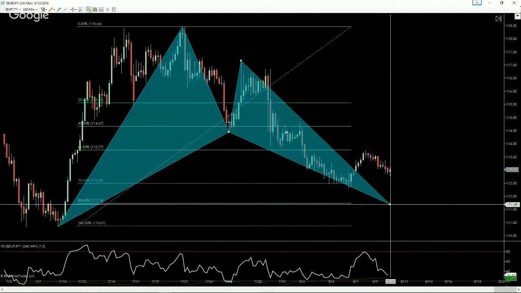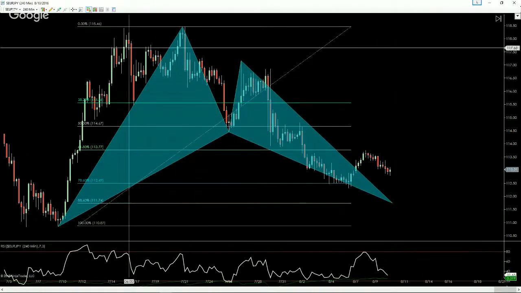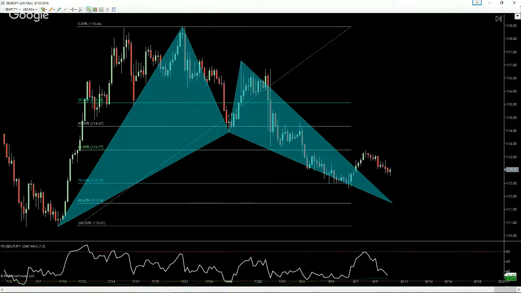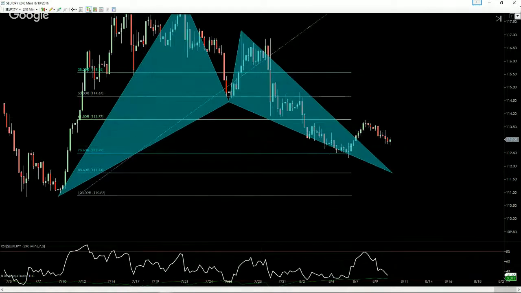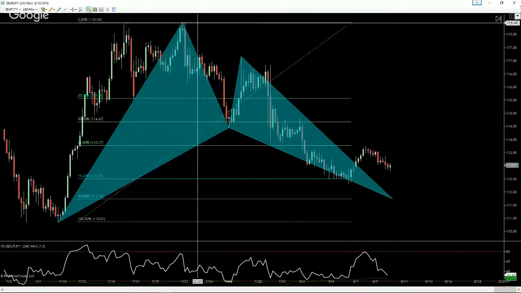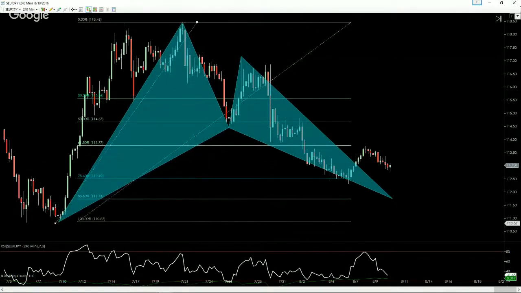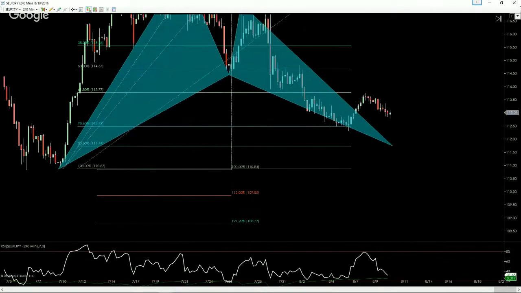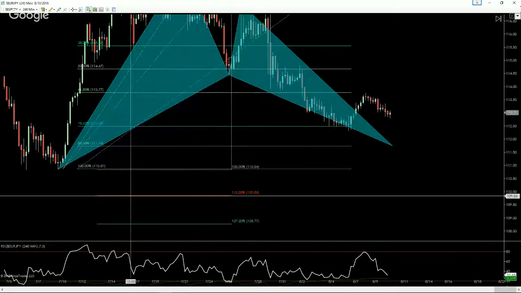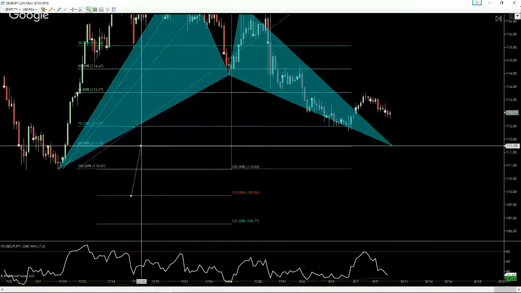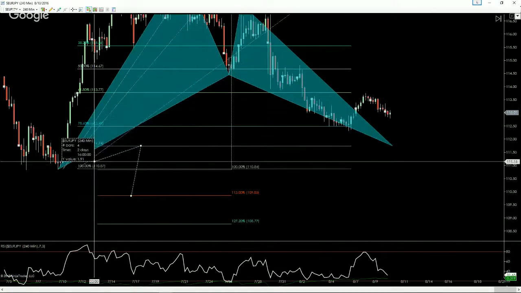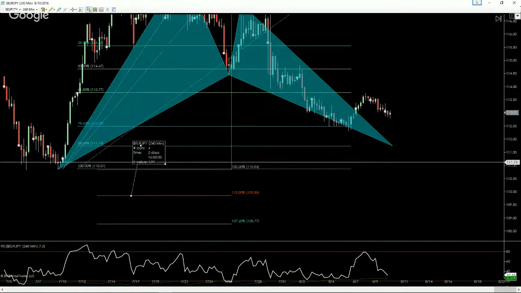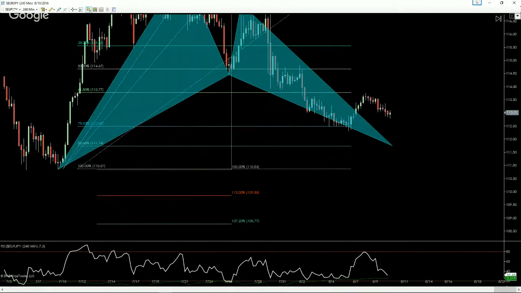Just because of how these pairs have been lately, this should be a pretty big pattern. This might have been one that we saw last week as well. About 191 pips of risk in there.